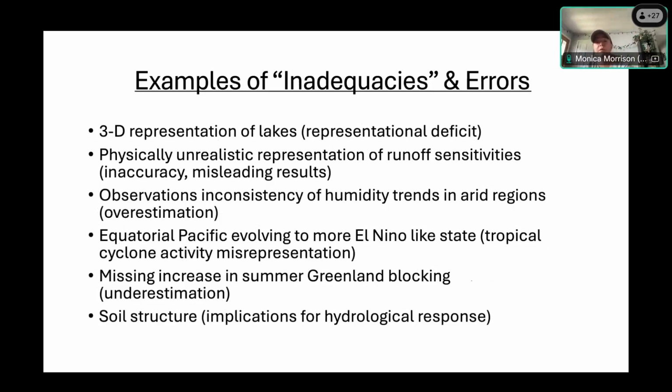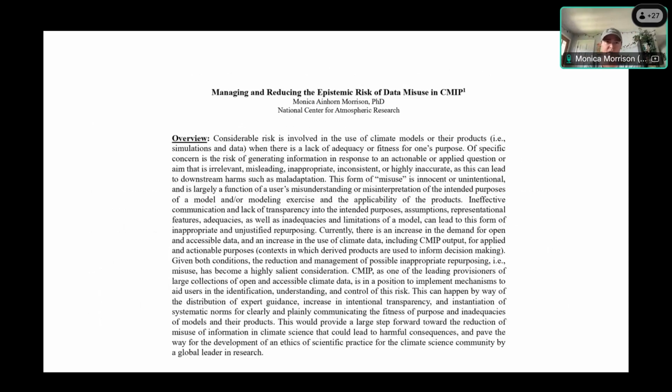And if people are using the models to understand regional things and regional impacts, specifically in reference to actionable applications, what do they need to be aware of in terms of the way these models are constructed and the implications of that construction for being able to answer different questions?